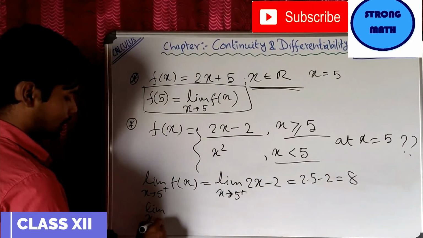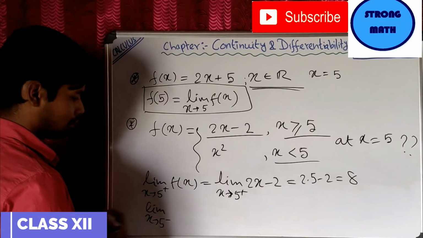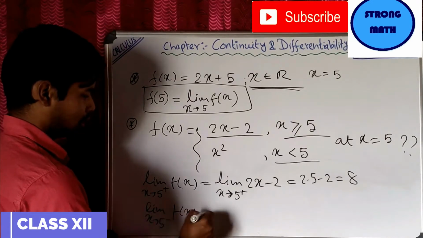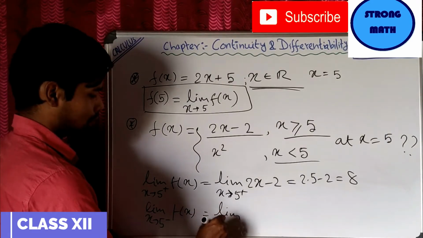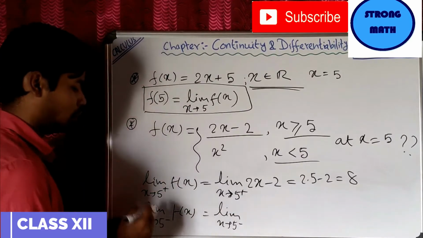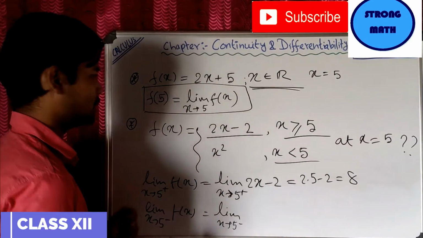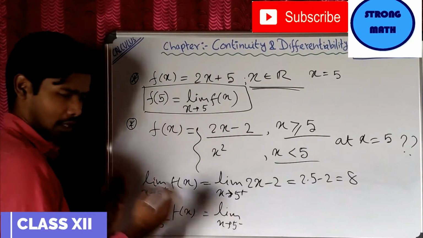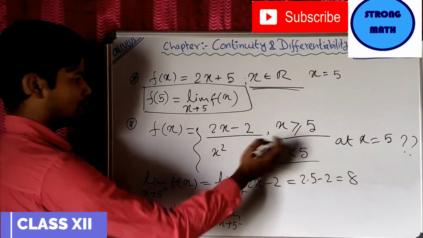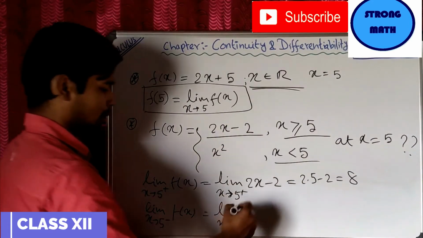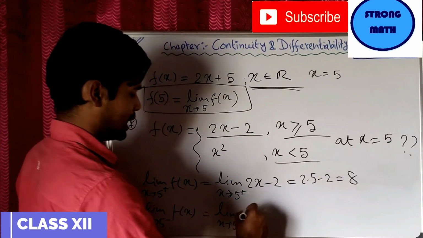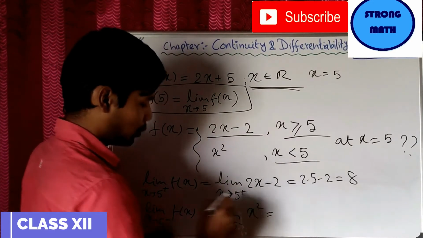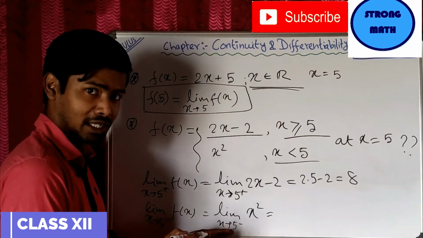Calculate the value of the left hand limit of the function. This equals limit x tends to 5 minus. Now what is the value of the function when x is less than 5, that is the left hand side of 5? The left hand side of 5 gives us x square. So limit x tends to 5 minus x square, we have to put 5, not minus 5.